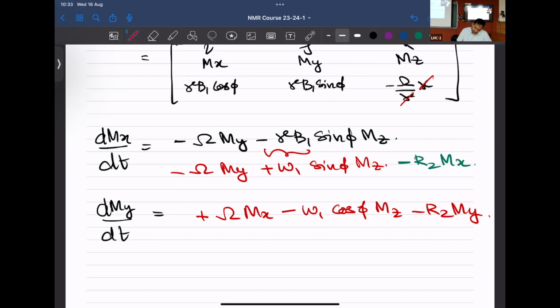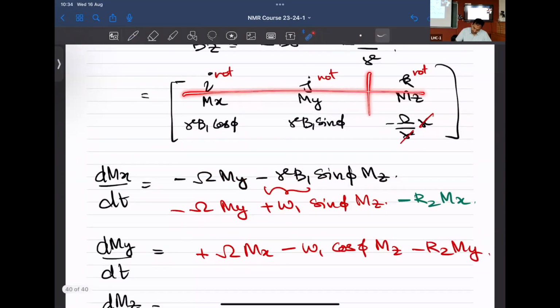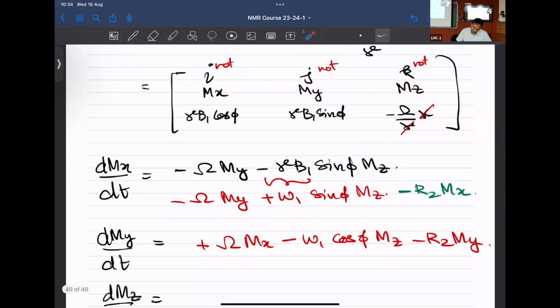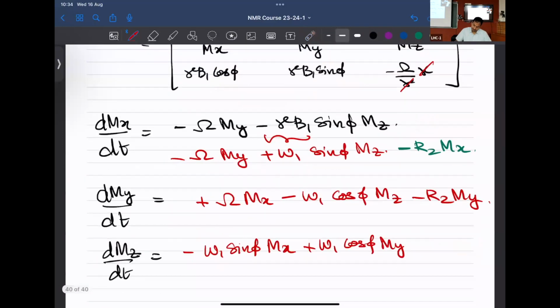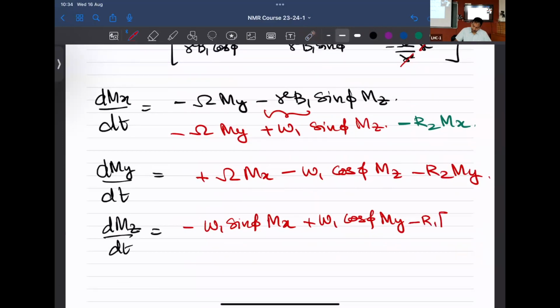Right? Now the last part, dMz over dt is going to be, let's take these components out. It's going to be minus omega 1 sine phi with the Mx plus omega 1 cos phi with the My minus R1 times M0 minus Mz.